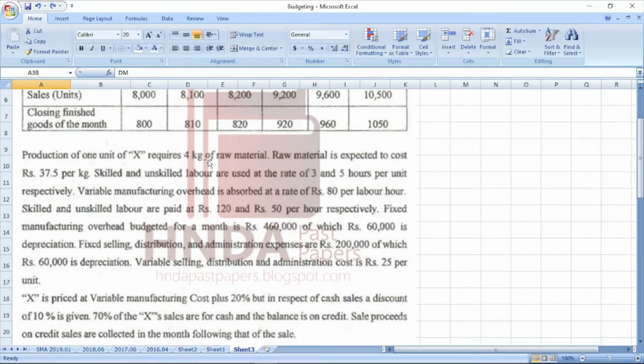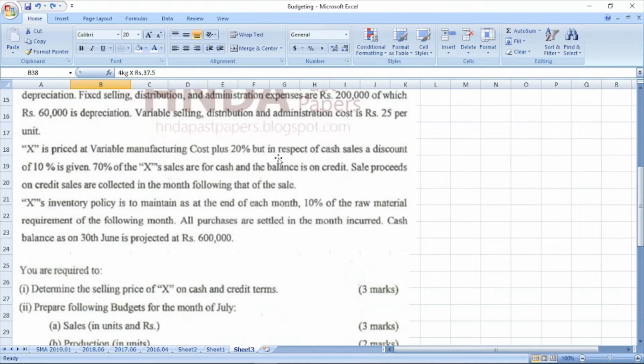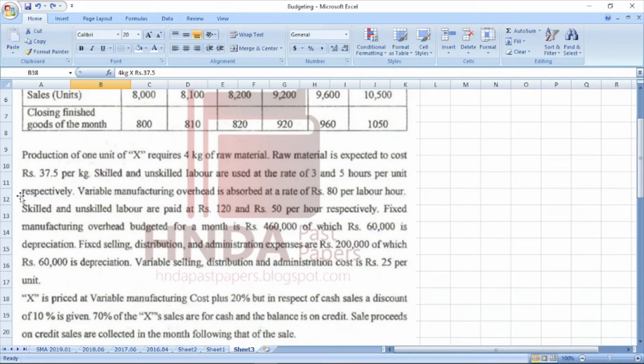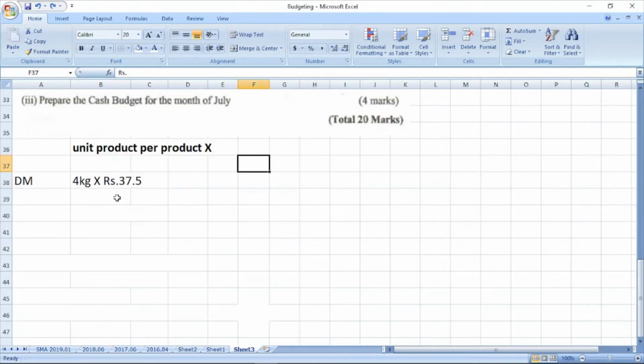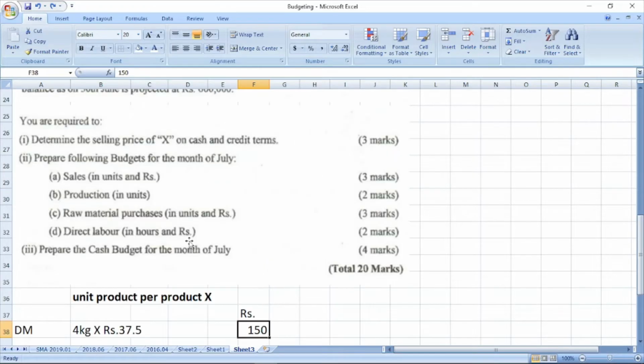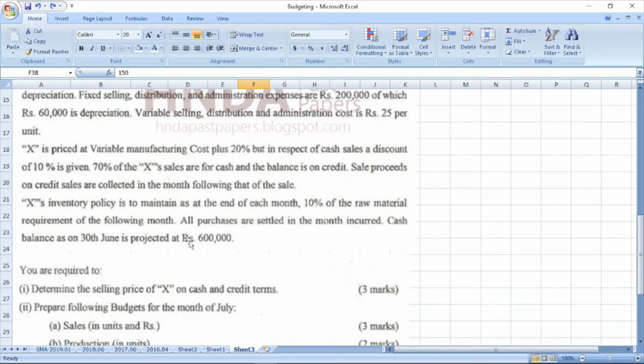X requires 4 kg of raw material and the expected cost is 37.5. So 1 kilogram costs 37.5. We require 4 kilograms per 1 X, so 4 kilograms into 37.5, we need 150 rupees for direct material per one product.